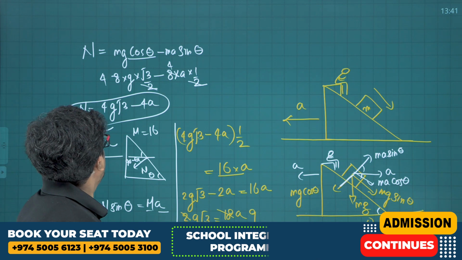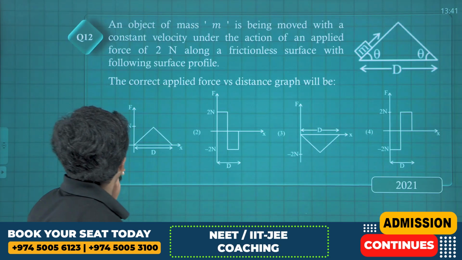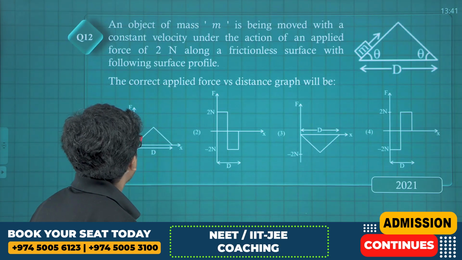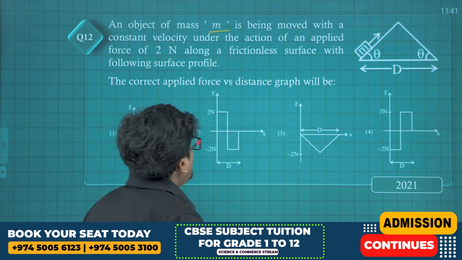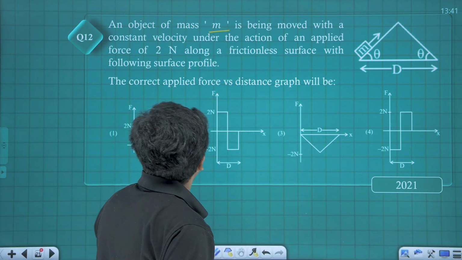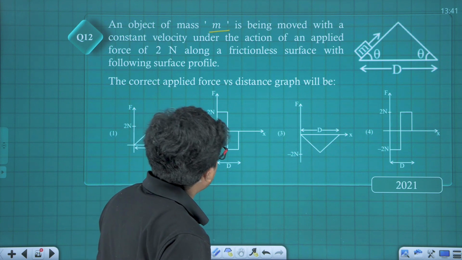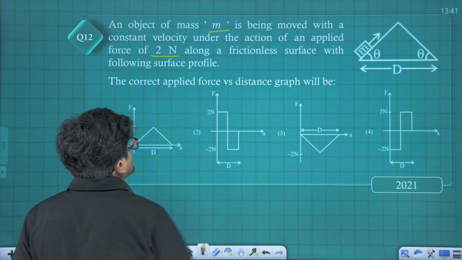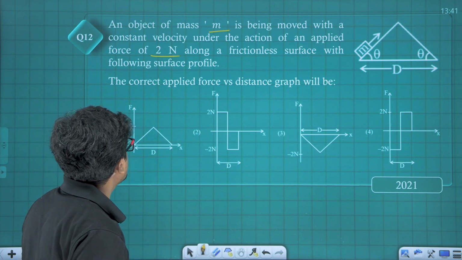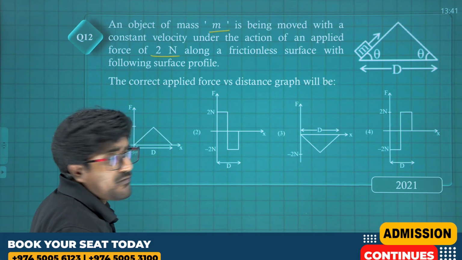Alright. Now let's move to the next, that is question number 12. Question number 12 says, an object of mass small m is moved with a constant velocity under the action of an applied force 2 Newton along a frictionless surface with the following profile.